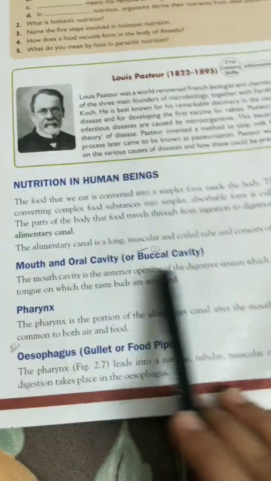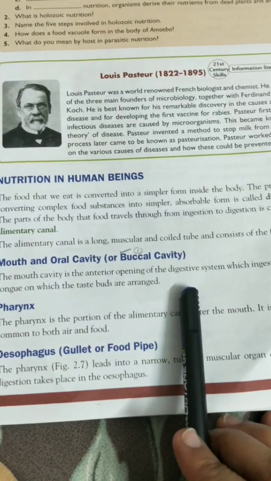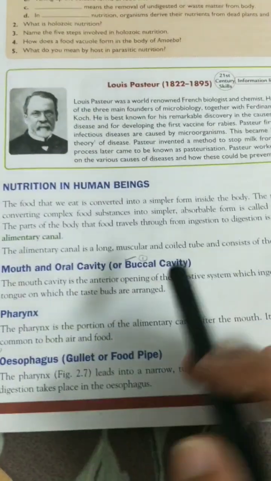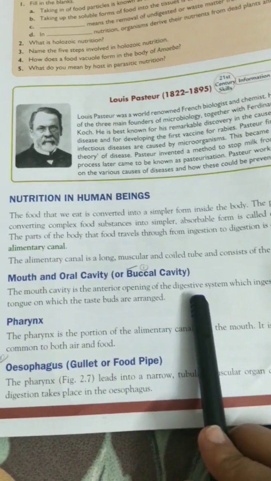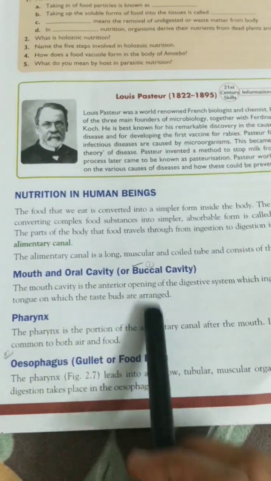Now, first of all, what happens in the mouth? We take in the food, that is ingestion is taking place, and in the mouth saliva is released, which breaks down the food particles, and starch is digested here, right? It is broken down into smaller particles. Now then a long pipe is there.